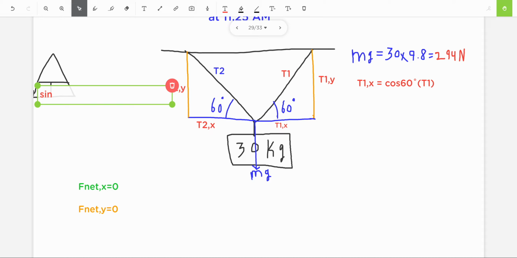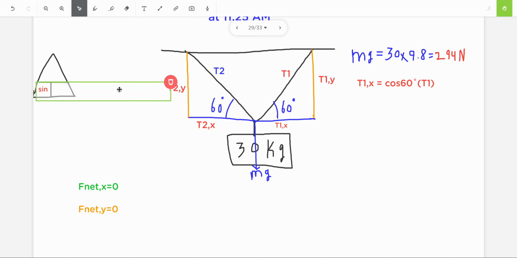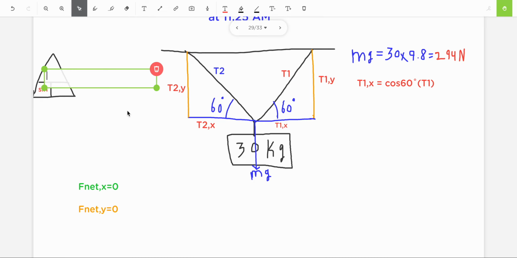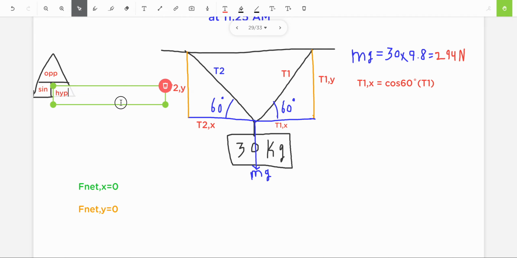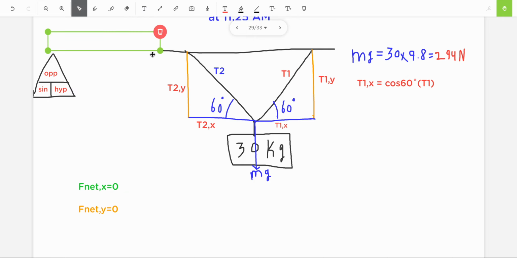Sine will be down and the opposite will be up and hypotenuse will be down. It's because of SOHCAHTOA.